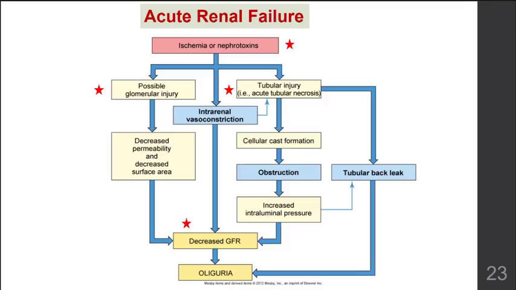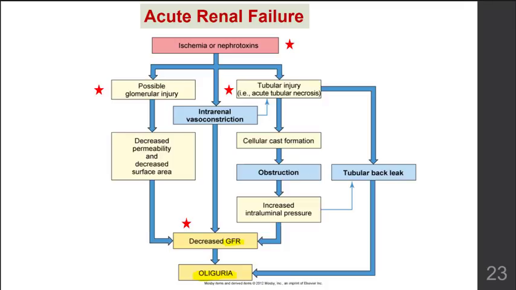For example, if somebody suffers massive trauma, such as a burn victim, it will cause the release of myoglobin from muscle into the blood, which can end up at the kidney, and myoglobin is a nephrotoxin. This can lead to possible injury to the glomerulus and the tubular system, which will ultimately lead to a reduction in glomerular filtration rate, which can then lead to the term we just spoke about, oliguria, which is very low urine output.